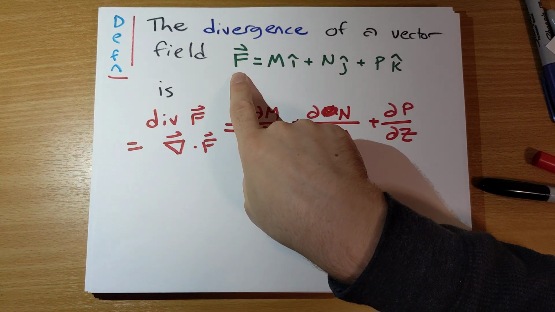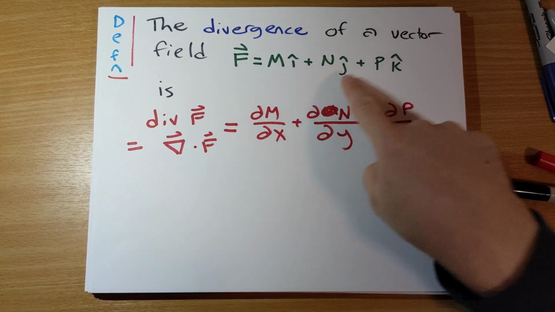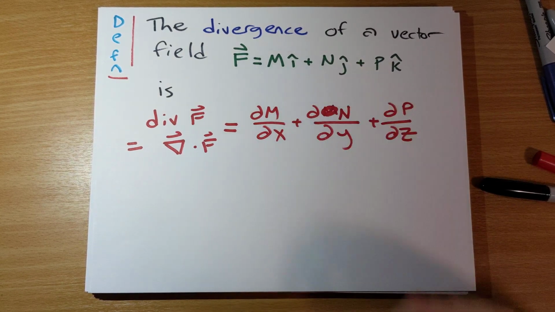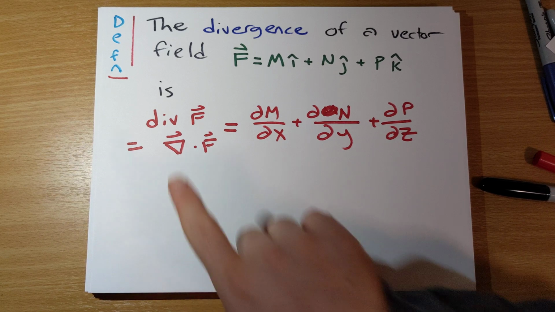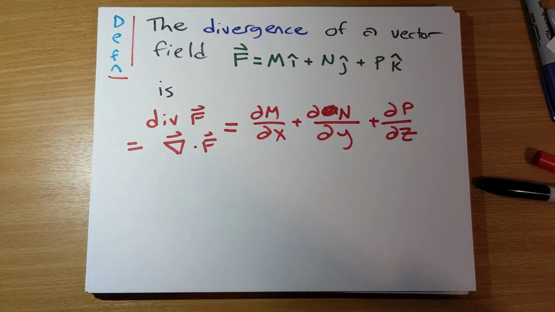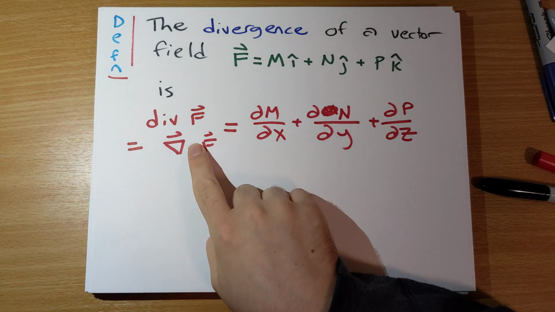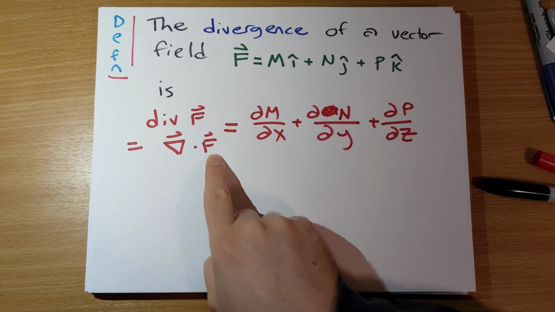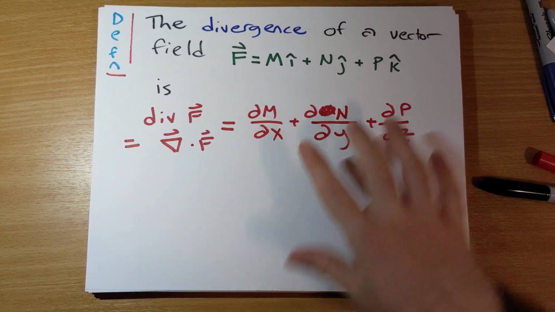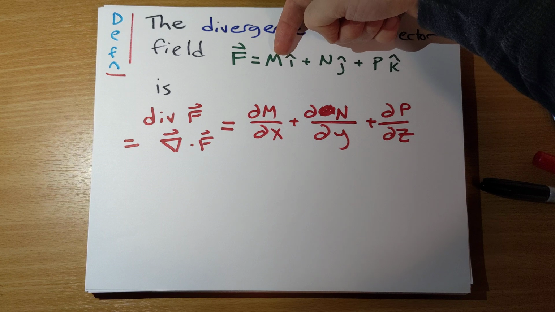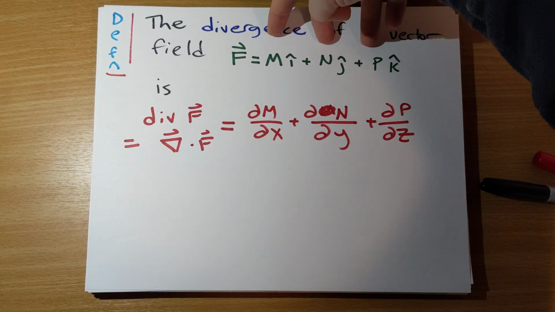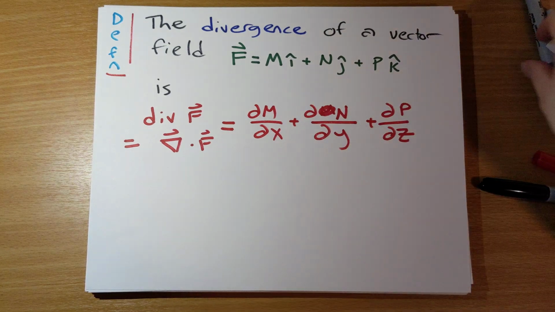If our vector field F is M i hat plus N j hat plus P k hat, where we're assuming M, N, and P are all functions that depend on x, y, and z potentially, then the divergence of our vector field F, which we can write either as div F or the del operator dot F, is equal to: you take the partial derivative of the first slot, the partial derivative of the second slot, the partial derivative of the third slot, and you add them up.